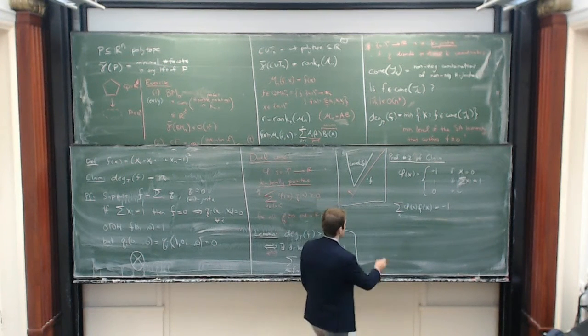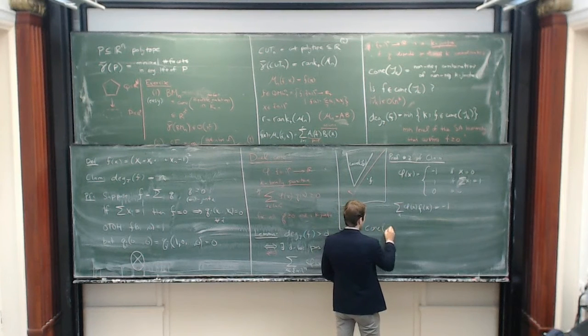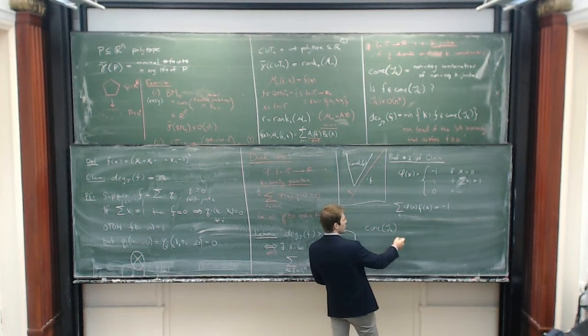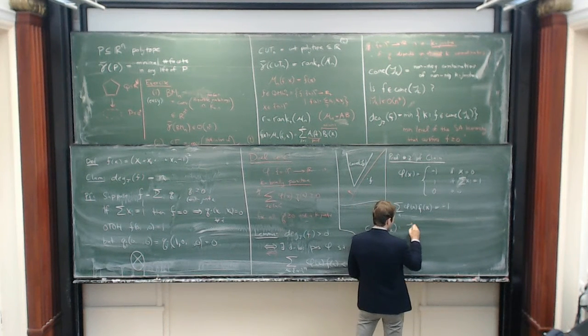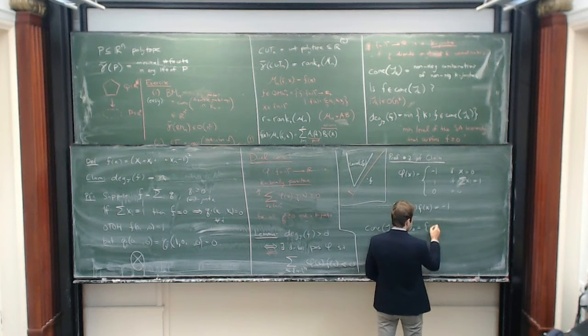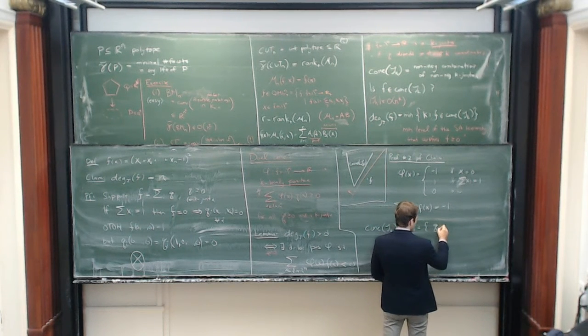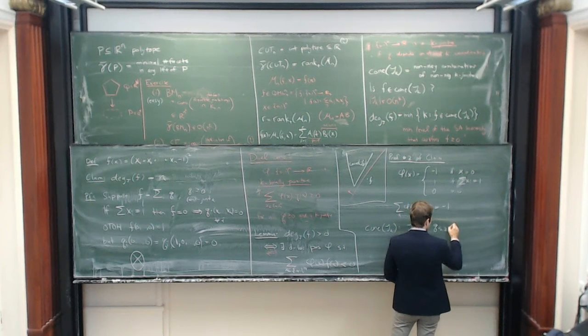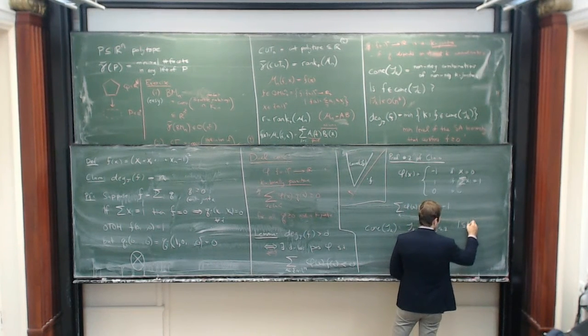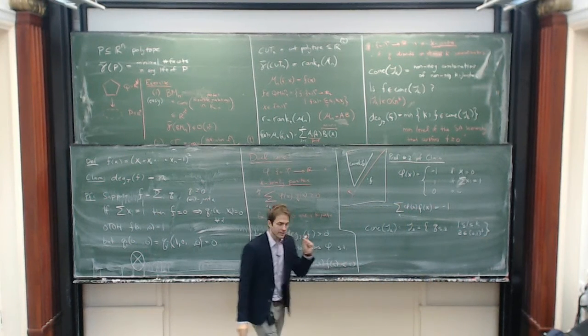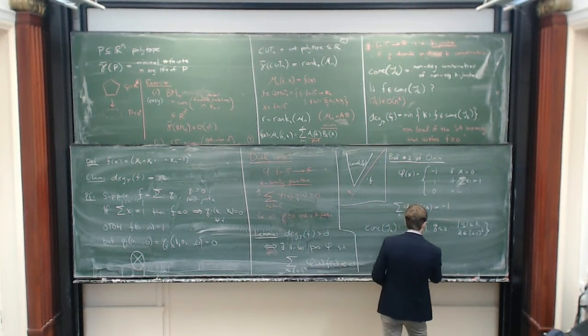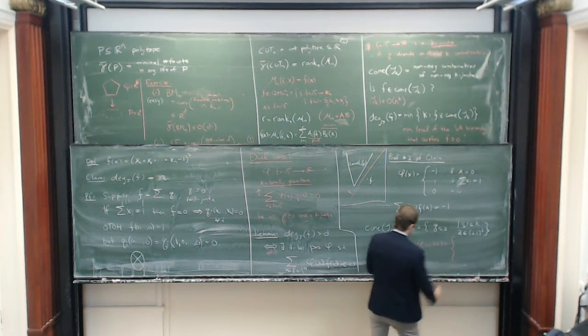Good. So maybe the easiest way to do that is to remember what this cone was generated by. We said that we can generate it using functions of the following form. Let's write the definition. It takes x as input.